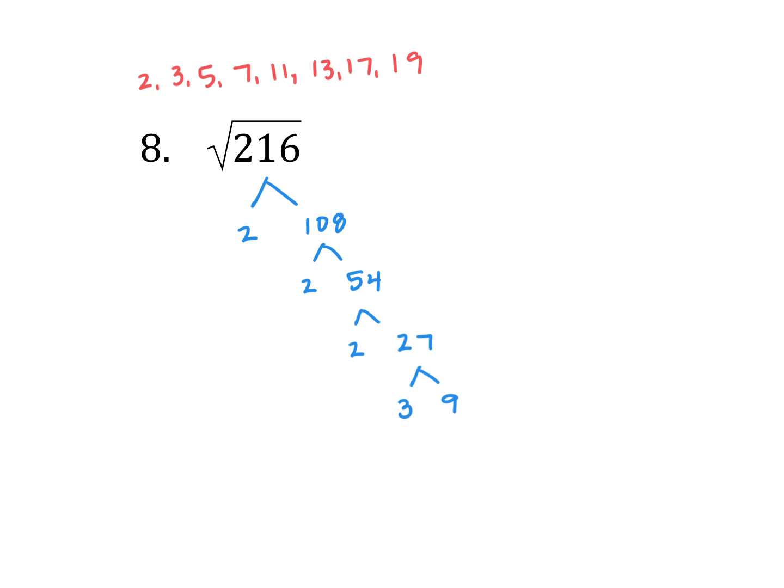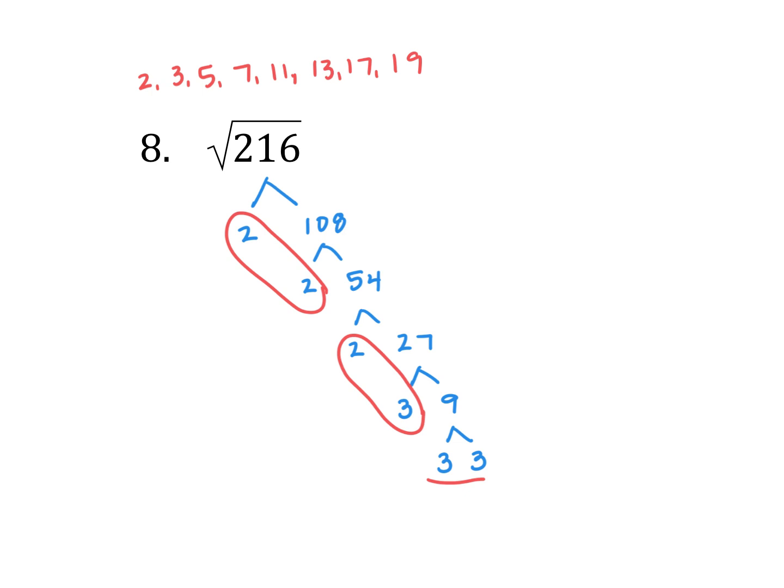Okay, 9 is not prime, so I've got to keep going. 9 is an odd number, so I'm going to divide it by 3, and I get 3. Now the last number I ended up with is a prime number, so I know I can stop, and I'm going to find pairs. So there's a pair of 2s. Here's a pair of 3s. And here's, oh, hold on a second.